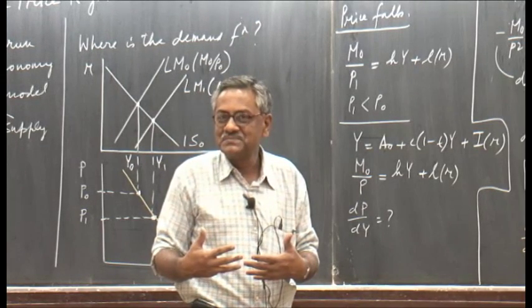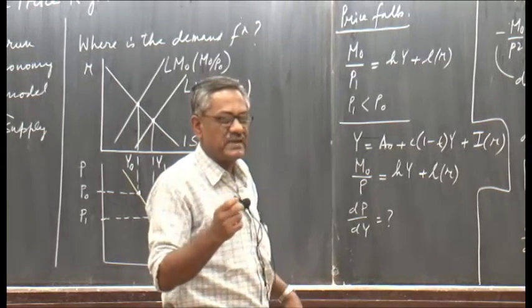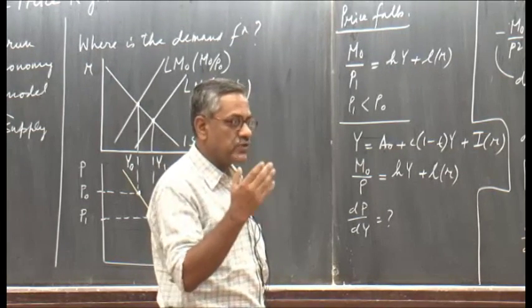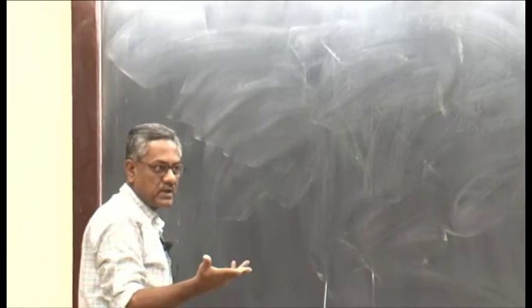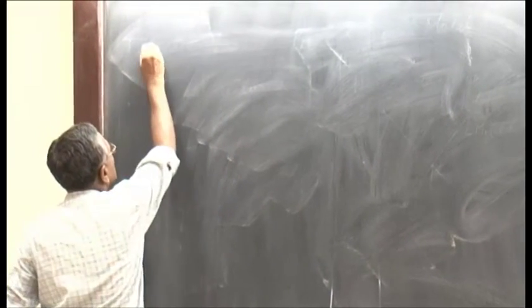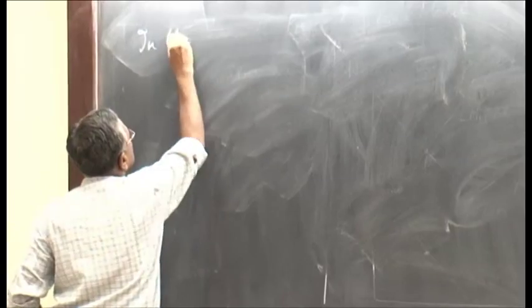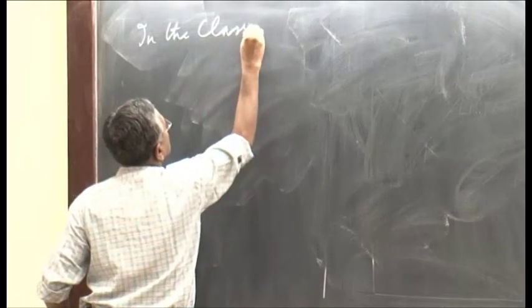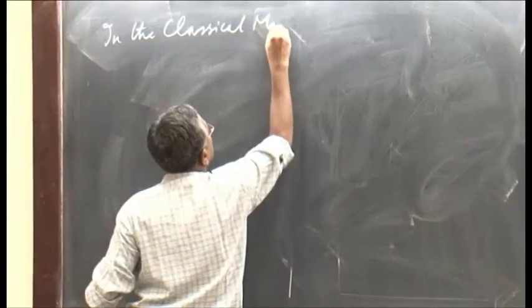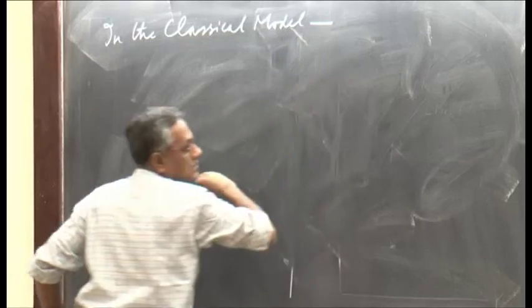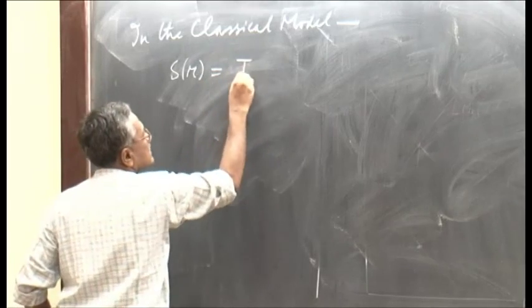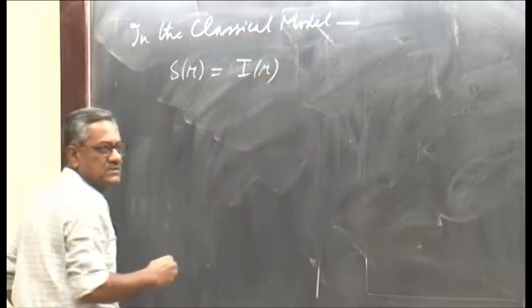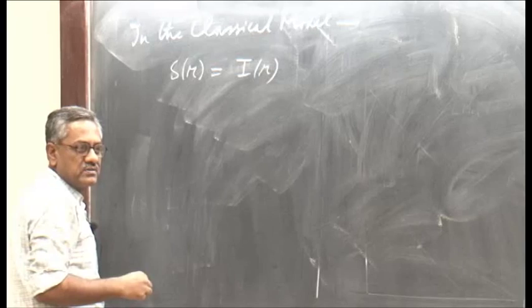So let me ask you this question, just like a tutorial. It is a good thing for you to think. What was the classical goods market and money market, as in ISLM? So in the classical model, what did we have? The goods market was savings, a function of the rate of interest, equal to investment, a function of the rate of interest. That is the goods market clearing condition.